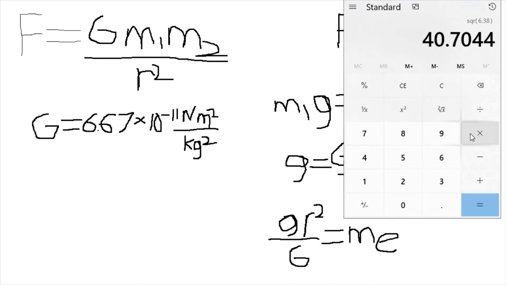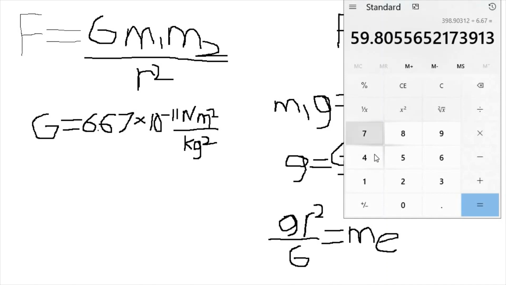And we multiply it by 9.8, or acceleration, which equals 398.90316. Then we divide it by 6.67, which equals 59.8055.